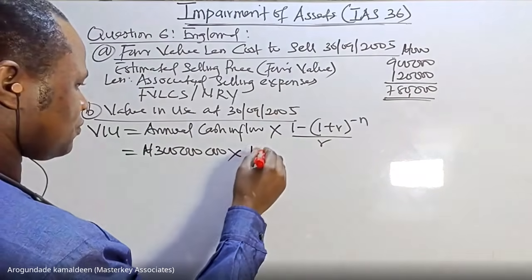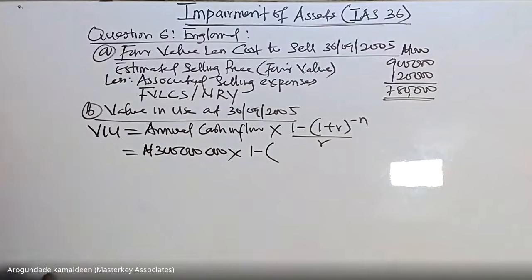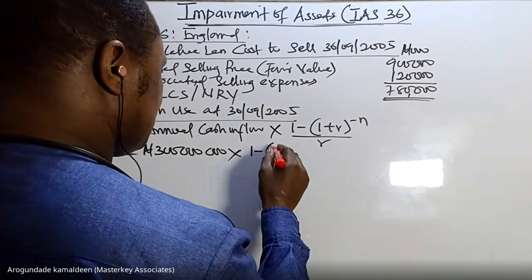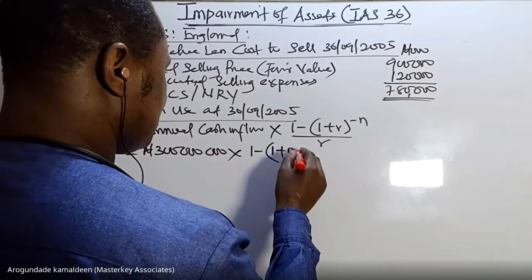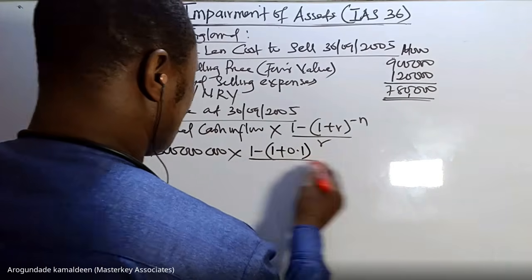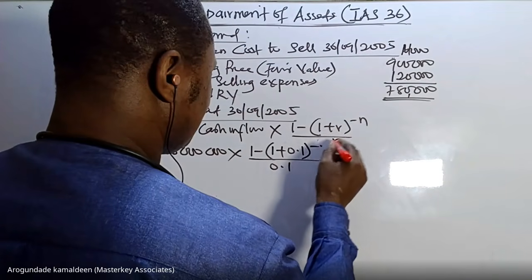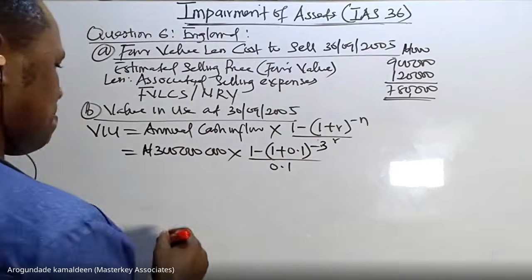Then the discount rate is what? 10%. 1 plus 0.1, right, over 0.1, for 3 years.